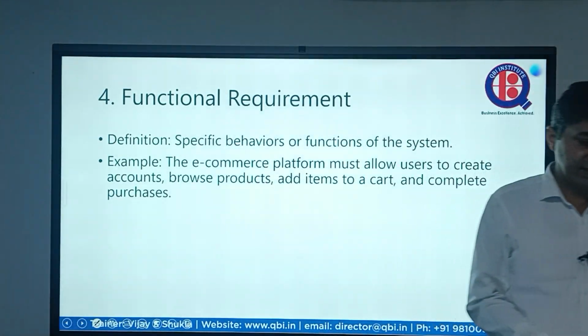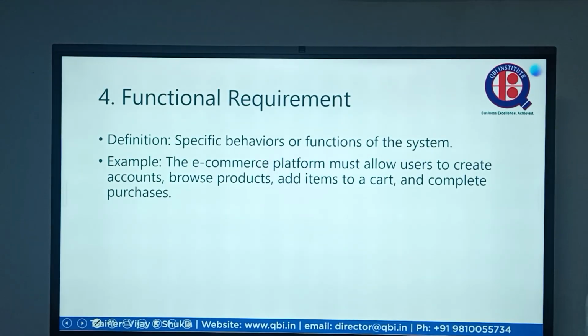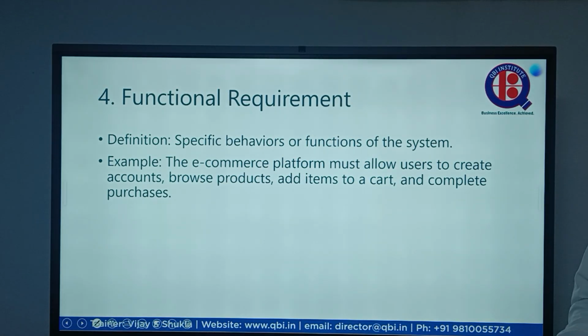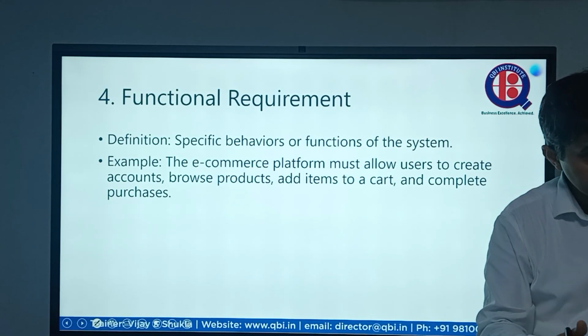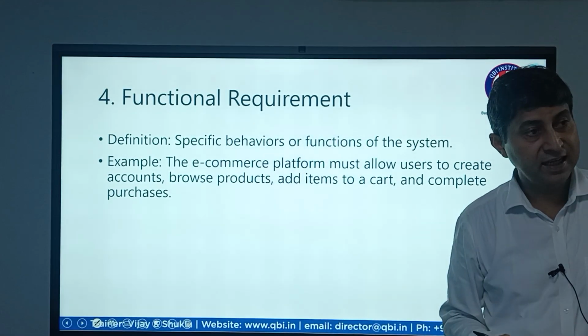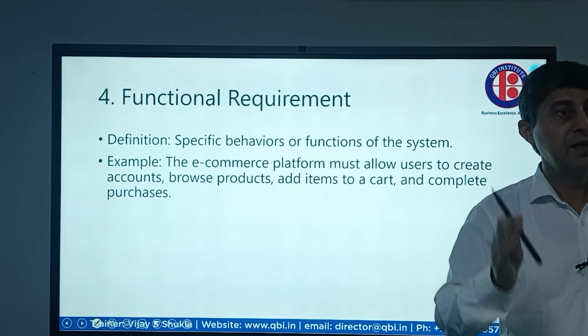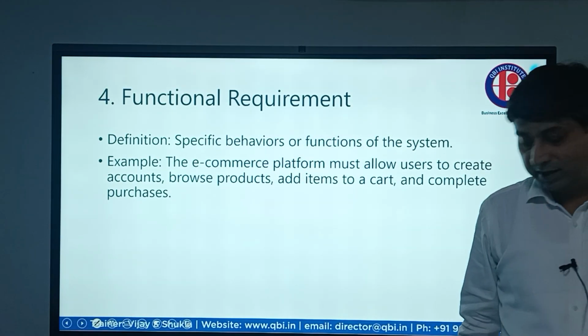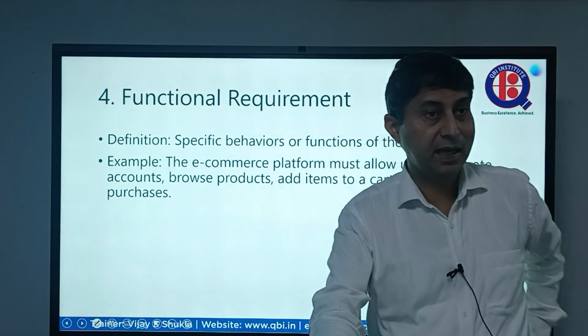Functional requirement. Now we have come up to the level of the software system. Specific behaviors or functions of the system are functional requirements. I take you back to the ATM machine example.